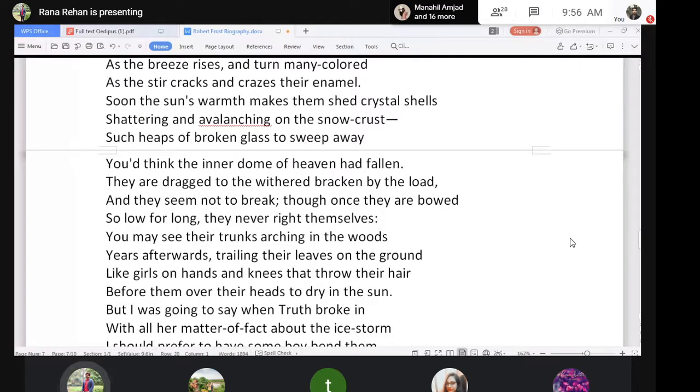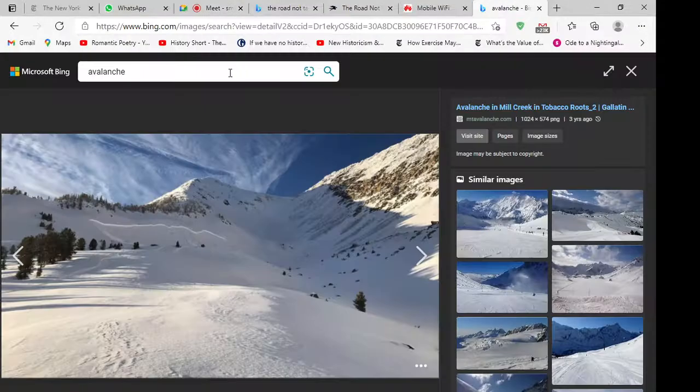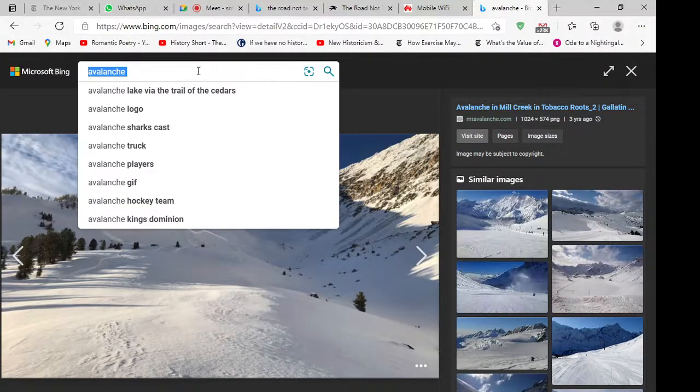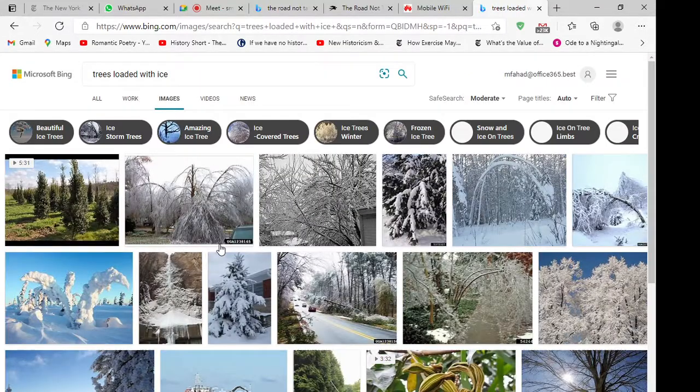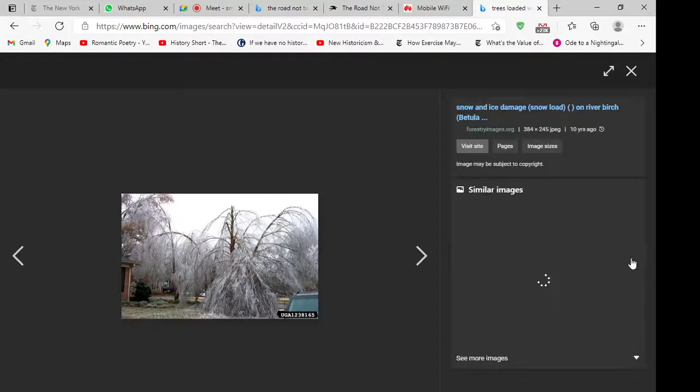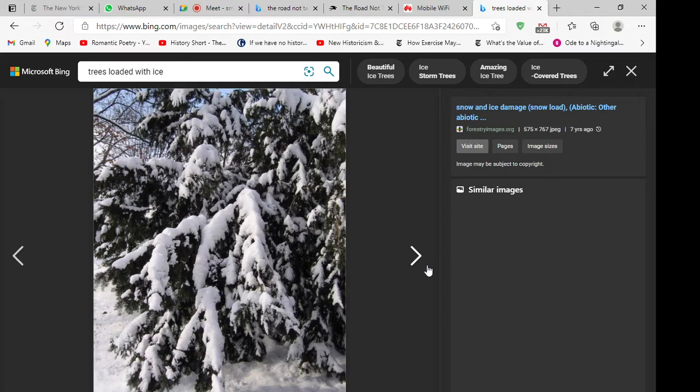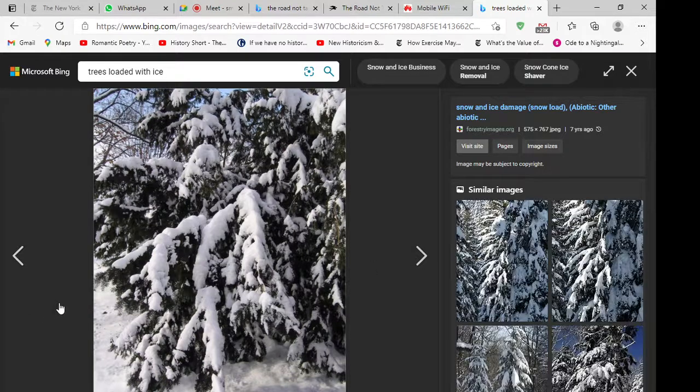The other snowflakes were helping the top, but the grip of the snow is tight only at the top. So when that grip is loosened, the whole block of snow comes down on the ground like a dome of the heaven. This is what he means.